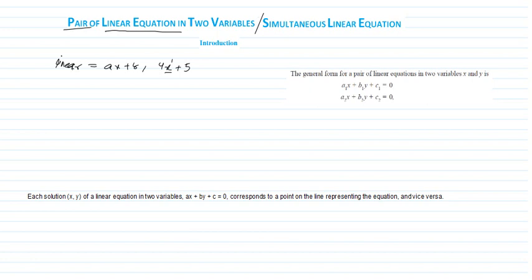So this will be of the form 3x plus 4y plus 5 is equal to 0, or simply x plus y minus 7 is equal to 0. Our equation will be of the form where x and y are the two variables.